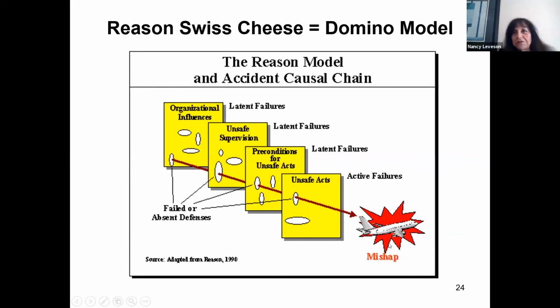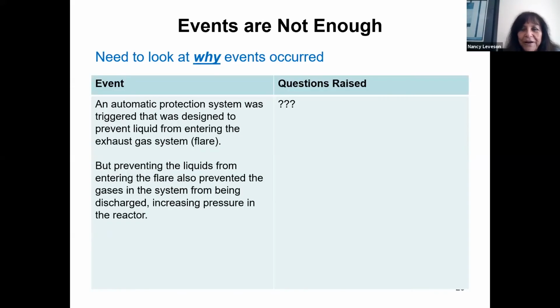The engines could just all fail at the same time and stop. And it isn't in this model. There's nothing in this model about engineering design. If you want to blame it on humans, it's great. And people love this model. I don't know why.